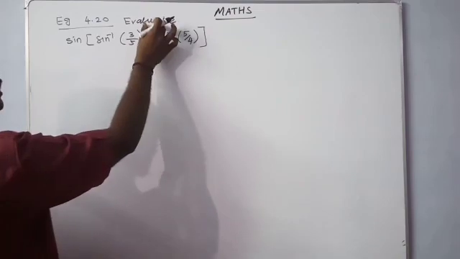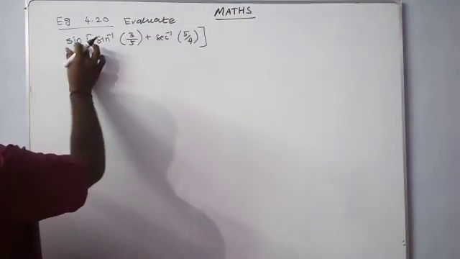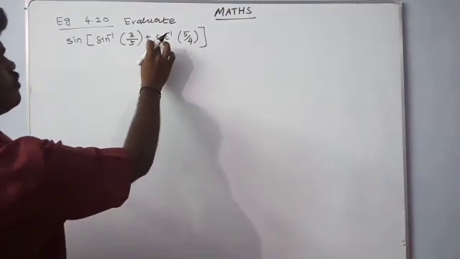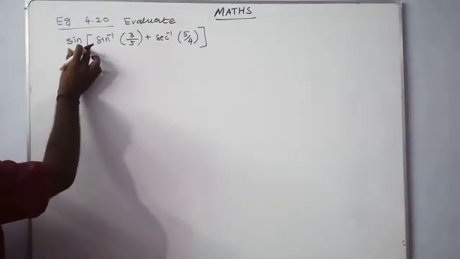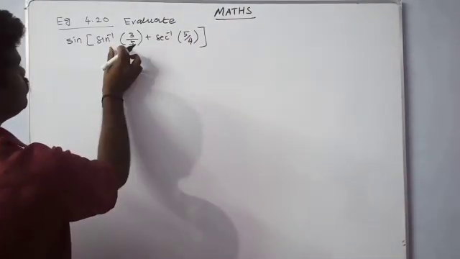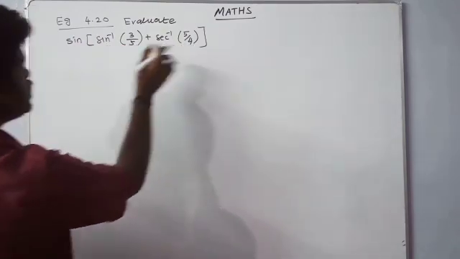Example 4.20. Evaluate sin inverse of 3 by 5 plus secant inverse of 5 by 4. First of all, we have to take this value, sine of this one is theta 1 and this one is theta 2.